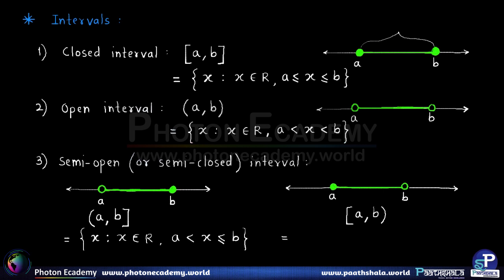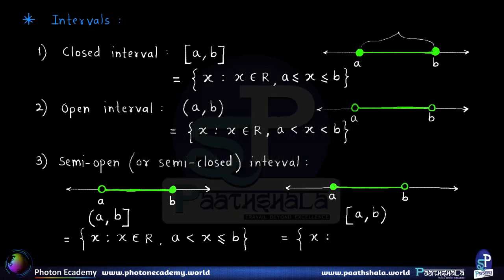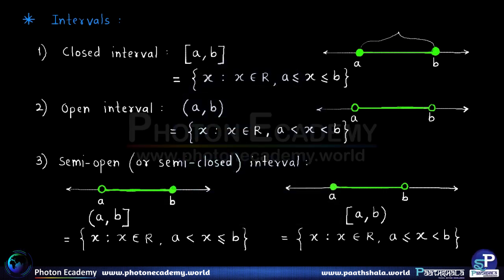And this again can be written in set builder notation as the set of all elements x where x is real and a less than or equal to x less than b. Alright, so these are what are called the intervals which we use frequently for the real number system.